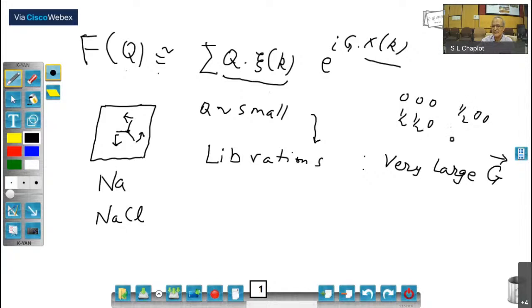Or in case of silicon, for example, the atoms are at quarter, quarter, quarter. So when you have the atomic positions at such high symmetry sites, the structure factors have some kind of periodicity. The structure factors will just repeat depending on what these numbers are. That can be calculated.